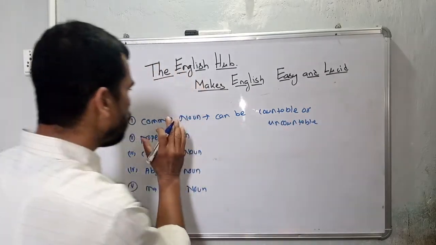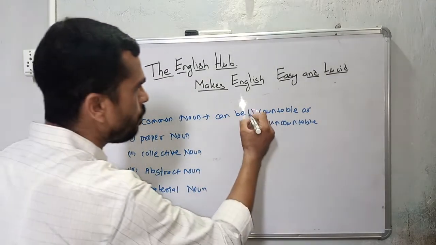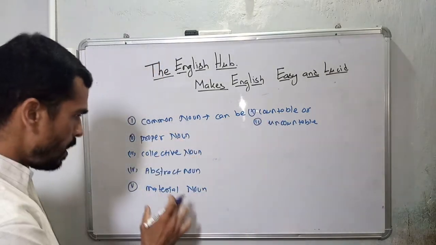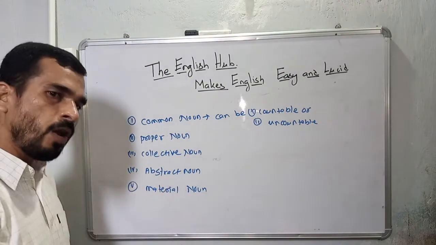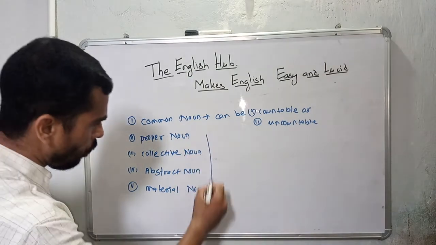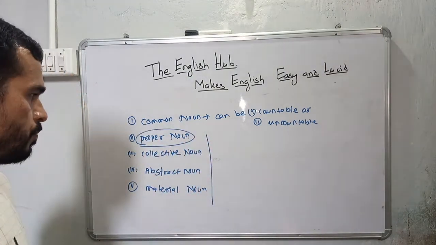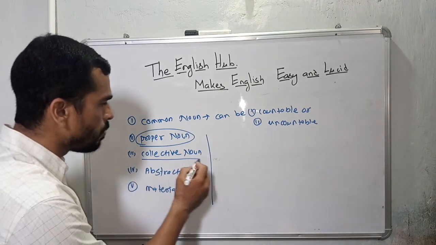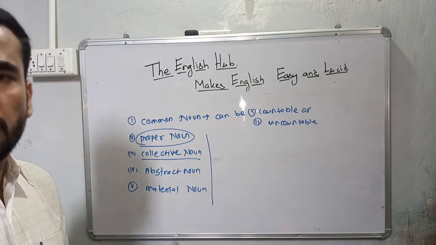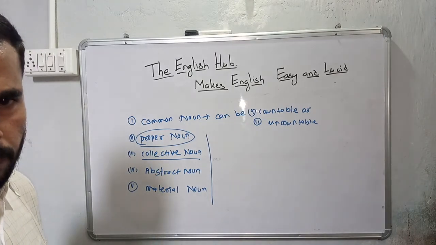It means that we can divide common noun into 2 categories, countable and uncountable. Remaining all the nouns, it may be countable, may not be countable. It depends upon the situation. Proper noun cannot be divided into countable, uncountable. Collective noun, there are some collective nouns which are used as singular and some are used as plural.